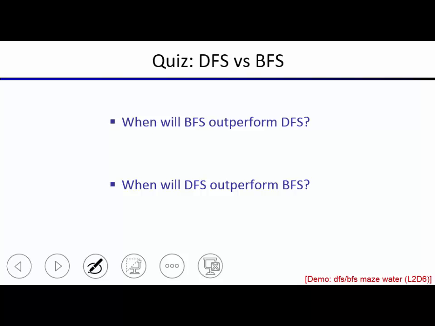When will depth first search outperform breadth first search? That's a trickier one. When would that ever do better? Well, a big thing is the space complexity, of course. Breadth first search might run out of memory, and then it just stalls and nothing happens anymore in your computer, whereas depth first search uses a lot less memory.